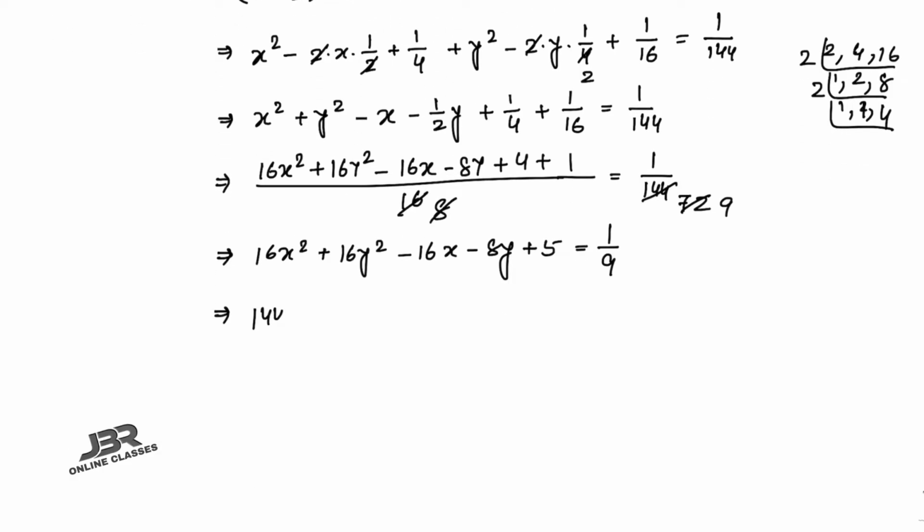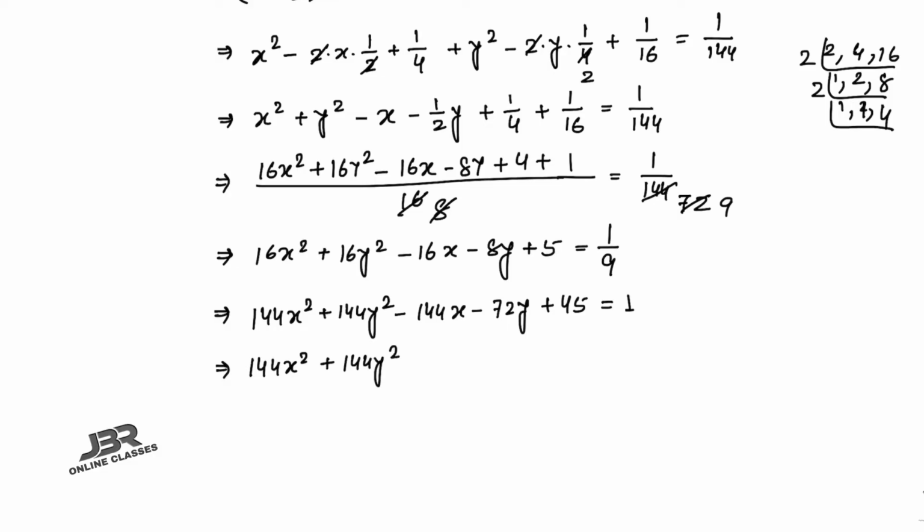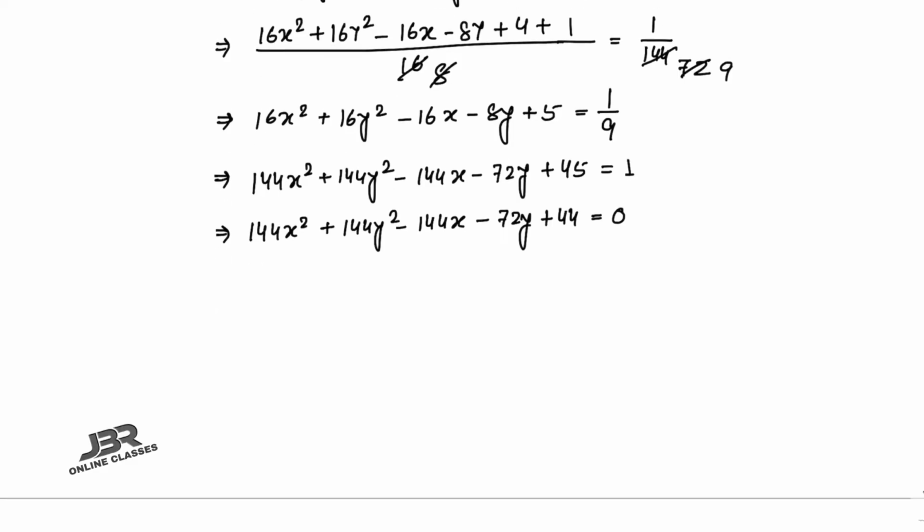So it will be here 144x square, then 144y square, then 144x, here 72y plus 45 equal to 1. So 144x square plus 144y square minus 144x, then 72y, plus 44 equal to 0, because 45 minus 1 is 44.